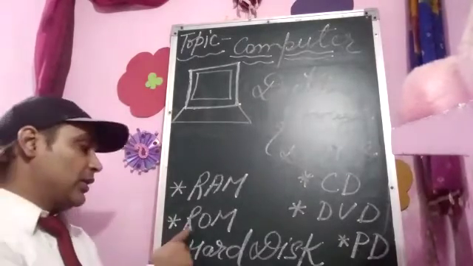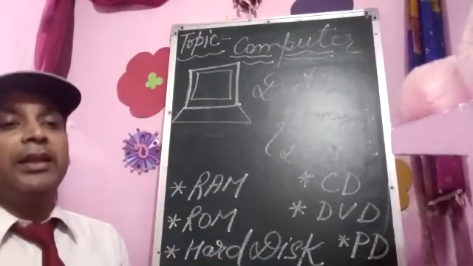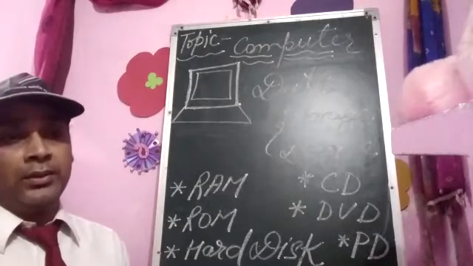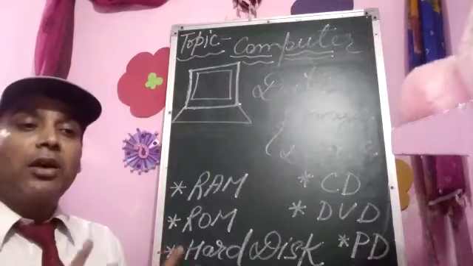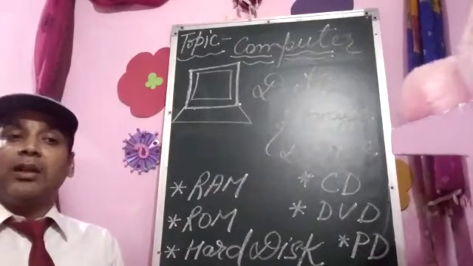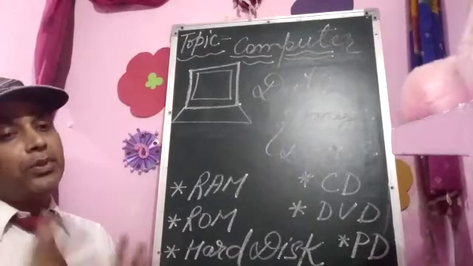Read-only memory is called ROM. It is used to store the instructions that prepare the computer for use. ROM is also used to store information in the software. It also holds the instruction program that runs when you switch on the computer.